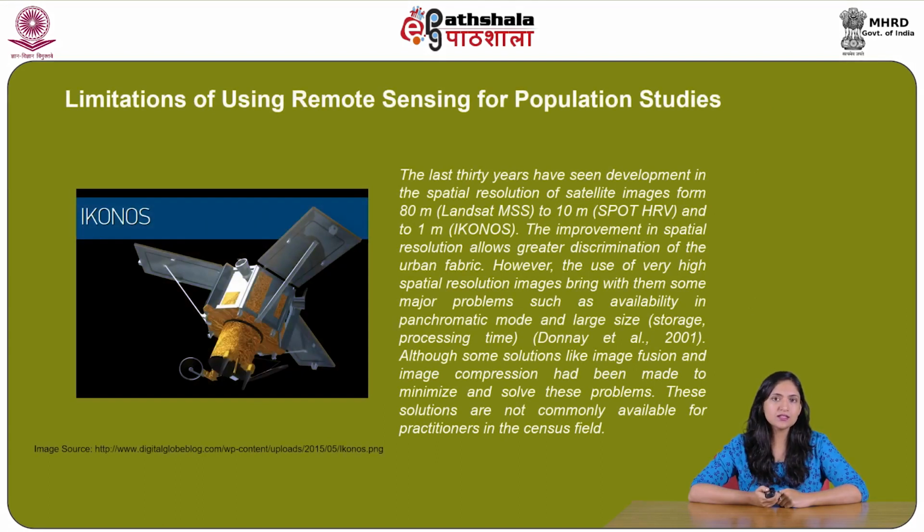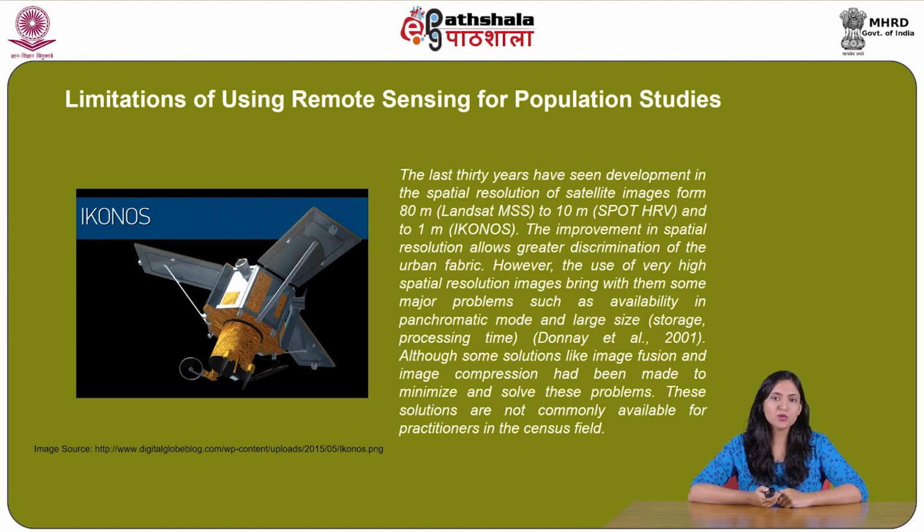The last 30 years have seen development in the spatial resolution of satellite images from 30 meter Landsat MSS to 10 m SPOT HRV and 1 m IKONOS. The improvement in spatial resolution allows greater discrimination of the urban fabric.